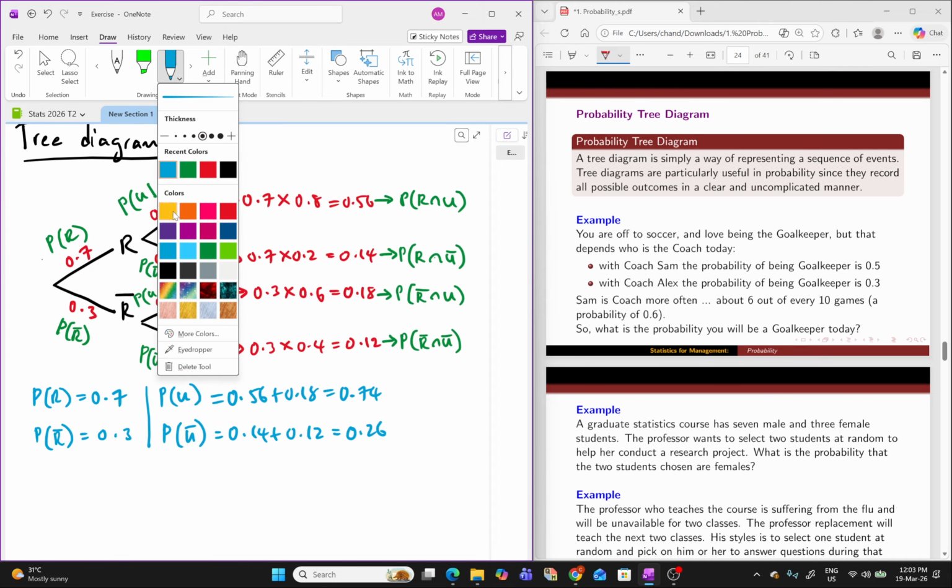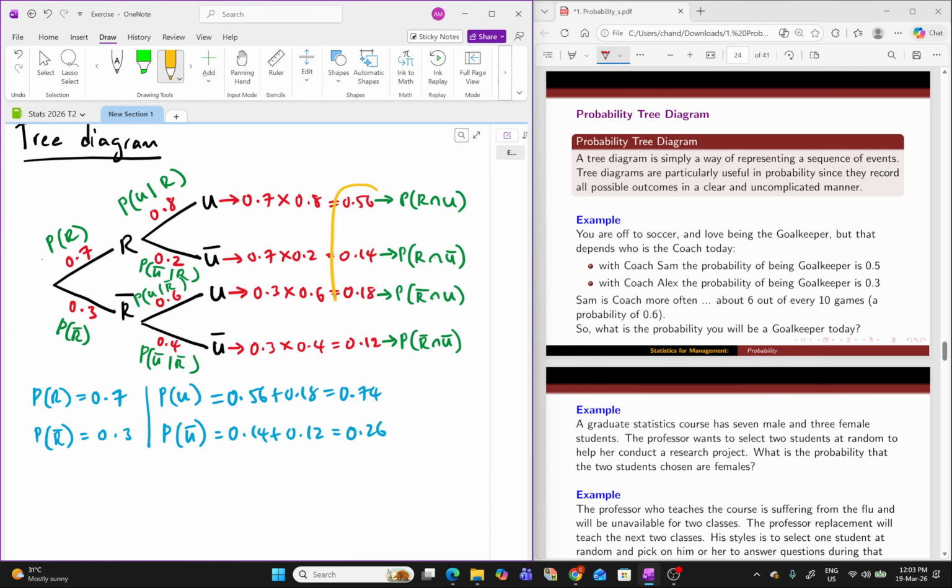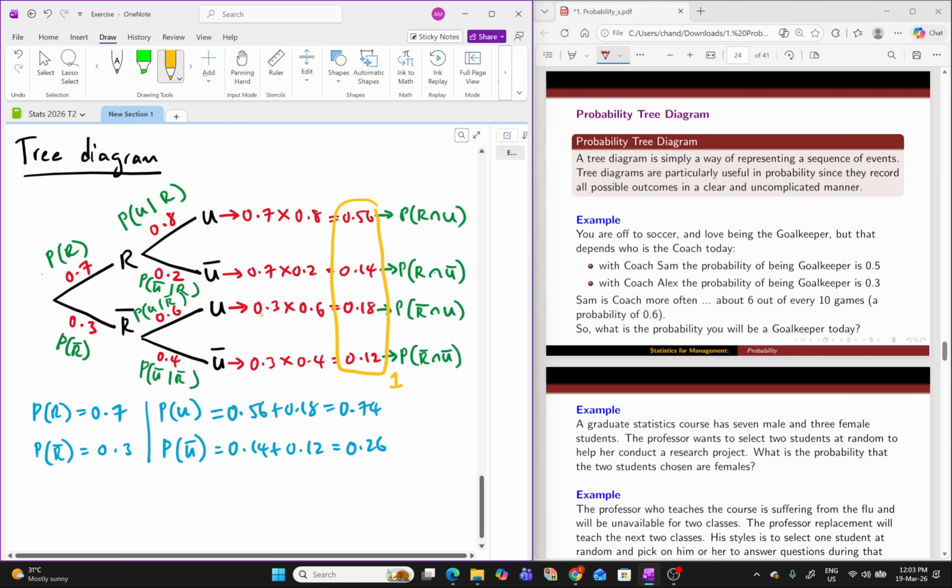That's the thing. Now to check, if you add all these numbers, you should get 1. Total probability is 1. So this is the example for the tree diagram. Hope you understand how to find the single probability, conditional probability and joint probability.